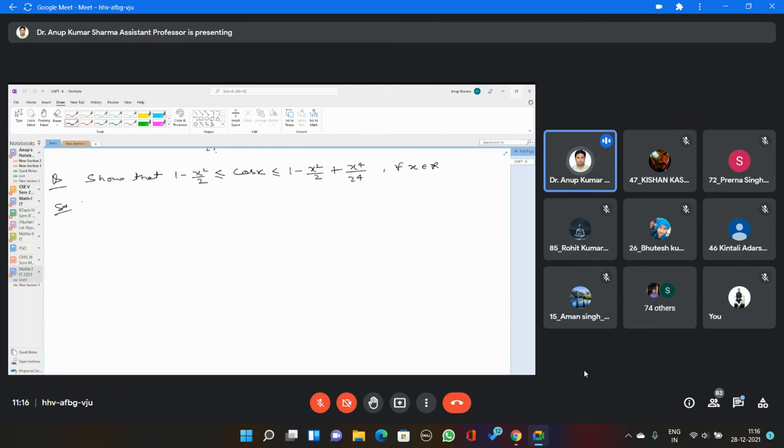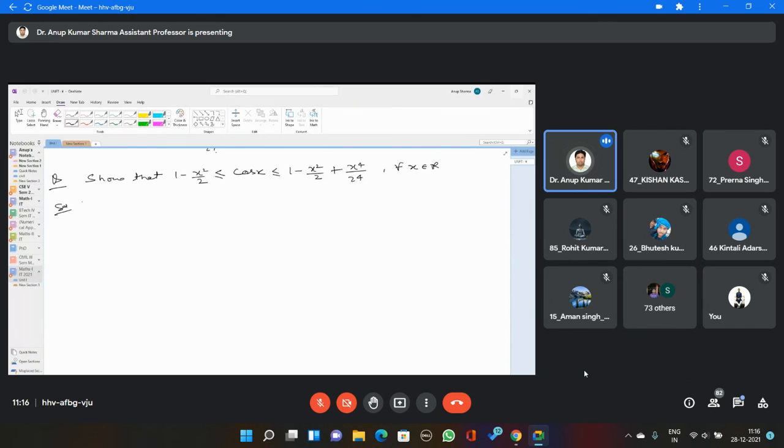When x is equal to 0, 1 minus x squared by 2 becomes 1, cos 0 is 1, and the right side is again 1.